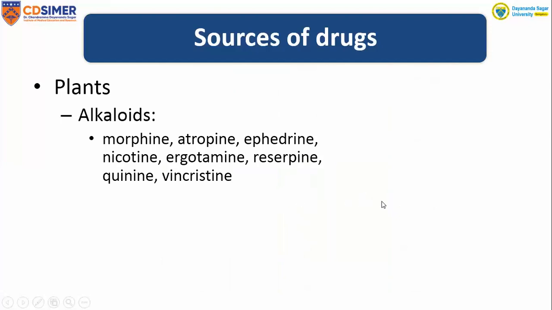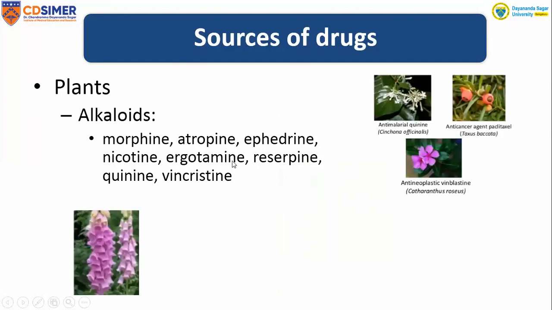So plant sources of drugs can be divided into alkaloids. Okay, so alkaloids: morphine, atropine, ephedrine, nicotine, ergotamine, reserpine, quinine, vincristine. Morphine is used for reducing pain.